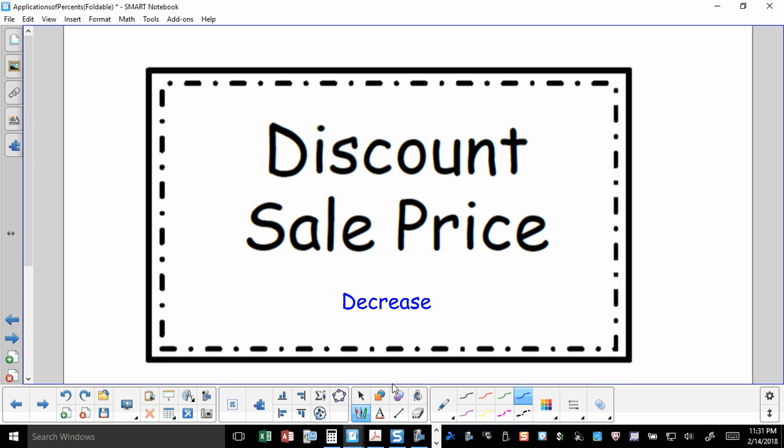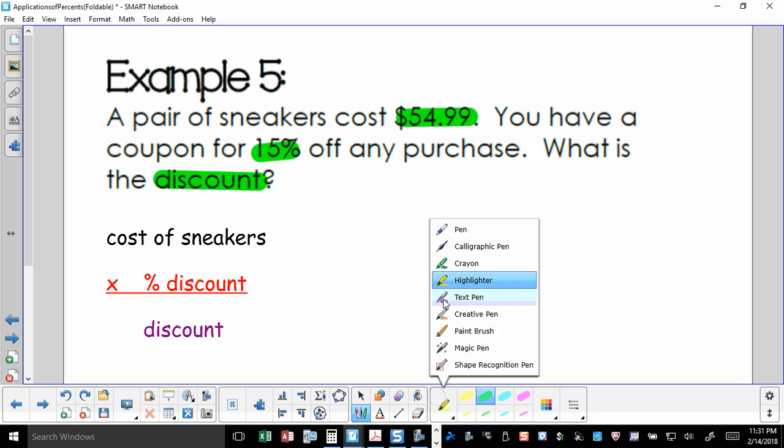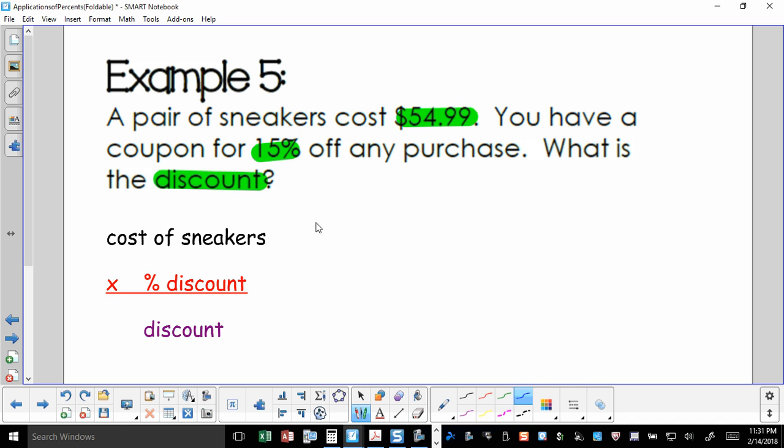Now let's look at discounts and the sale price. In a discount, we're going to decrease, so we're going to subtract. A pair of sneakers costs $54.99. You have a coupon for 15% off. What is the discount? So again, let's highlight some important information. $54.99, 15%, and we want just the discount. So the cost of the sneakers is $54.99.